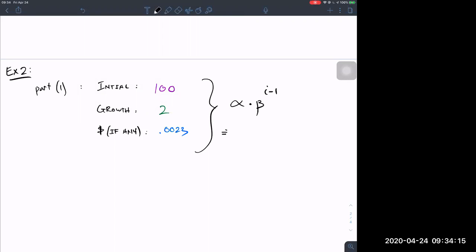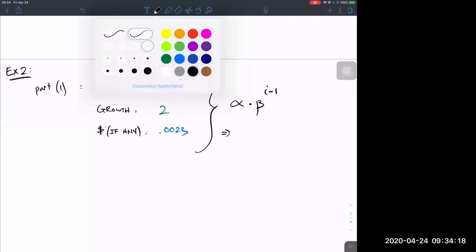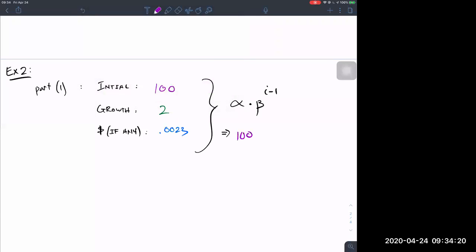Which implies what? Alpha is always your initial. Why is alpha initial? Alpha is the first letter of the Greek alphabet, so just remember it that way: A for first, A for alpha, A initial. And then your growth is how it's growing. That's why it has the number with the exponent. So that's what that looks like.